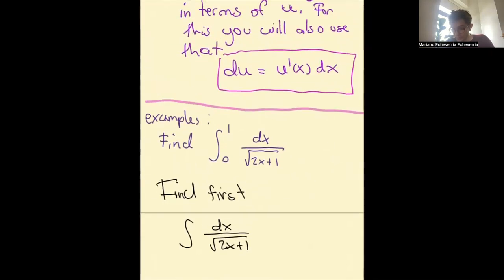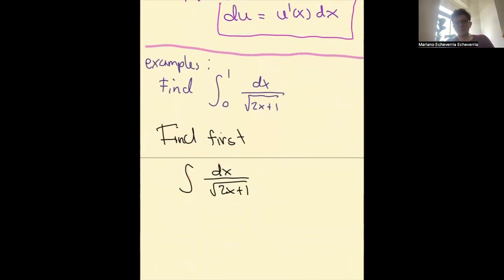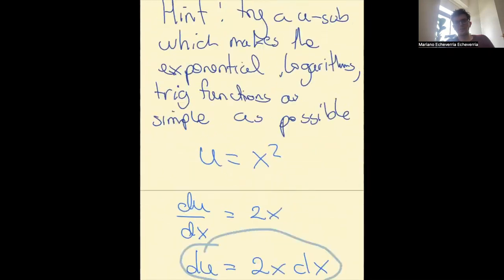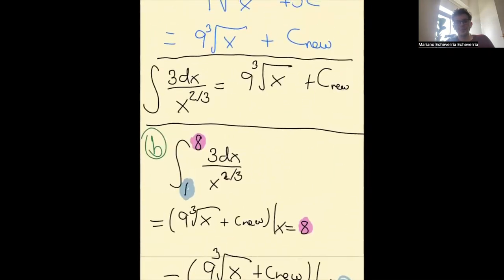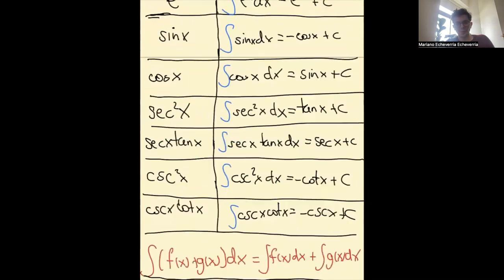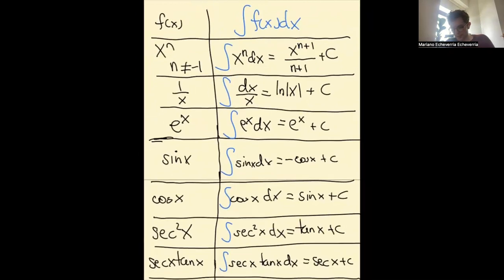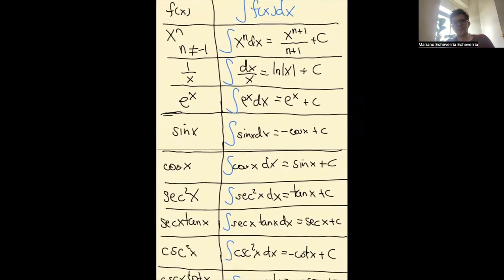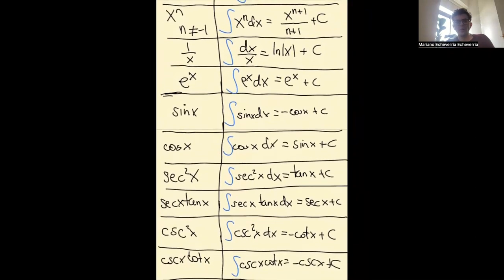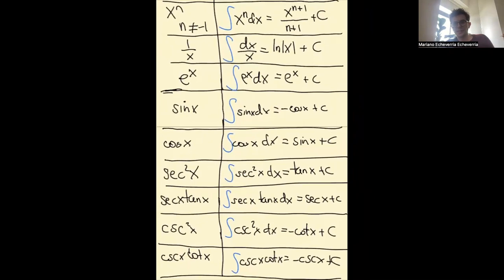We're trying to relate this as much as possible to one of the integrals I gave you in the table from before. This table is super important. Where do we have it? This is the key table for this part of the course, so you should know it. Of all the formulas that you see here, which one does it resemble the most? It cannot be the trigonometric expressions, because there's nothing involving sines or cosines here.